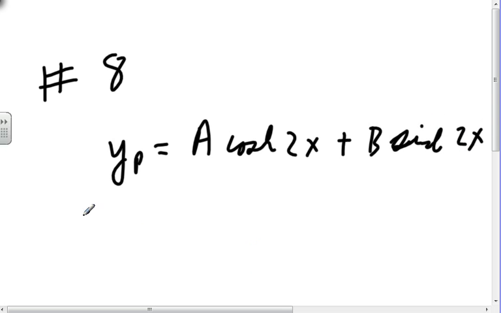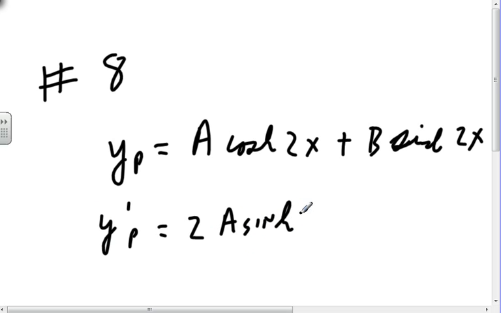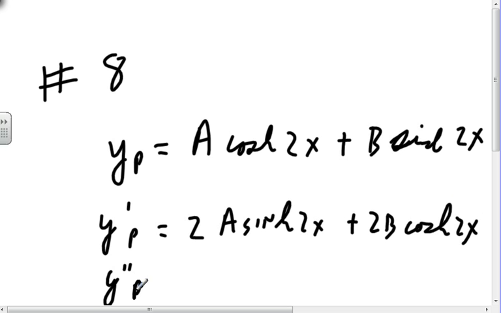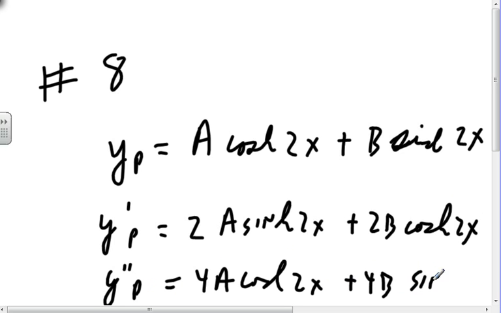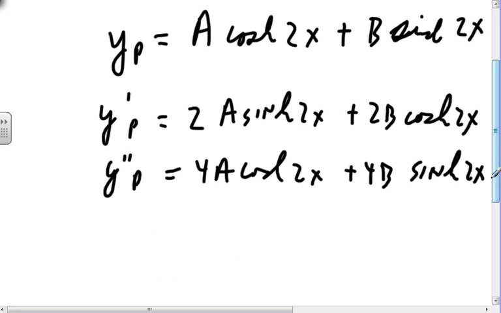Okay, and y prime of p is going to be 2a hyperbolic sine plus 2b hyperbolic cosine, and y double prime is going to be 4a hyperbolic sine plus 4b hyperbolic cosine. So the derivative of hyperbolic cosine is hyperbolic sine, the derivative of hyperbolic sine is hyperbolic cosine, and whatever's in front of the x has to be taken care of too.